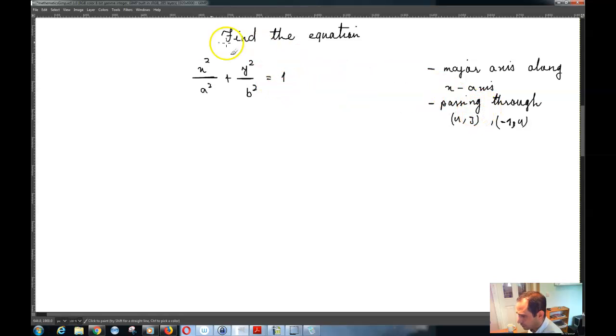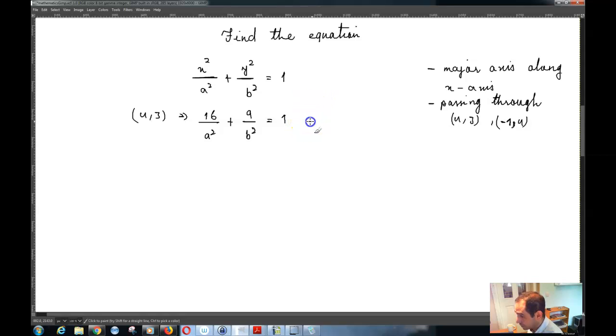And then since this ellipse passes through the point (4, 3), you can write 16 divided by a squared plus 9 divided by b squared is equal to 1.